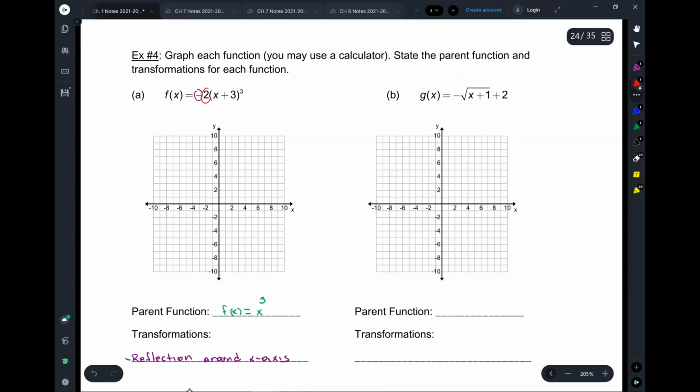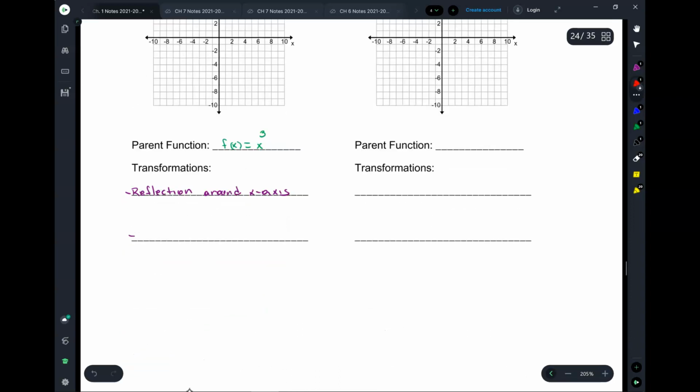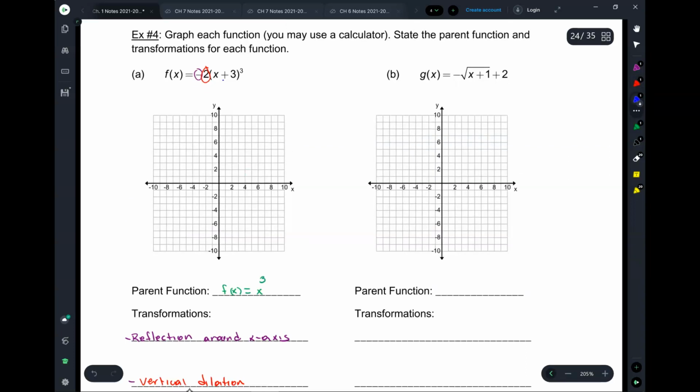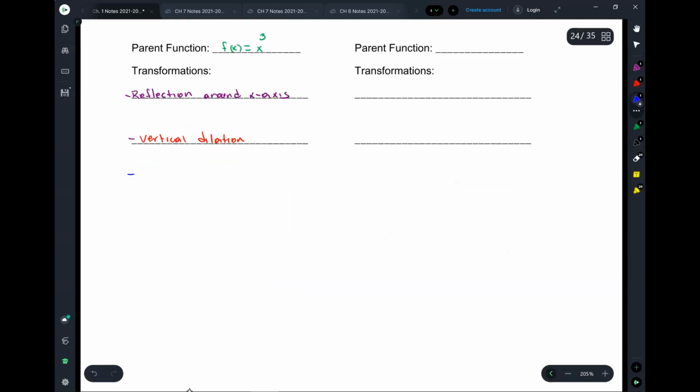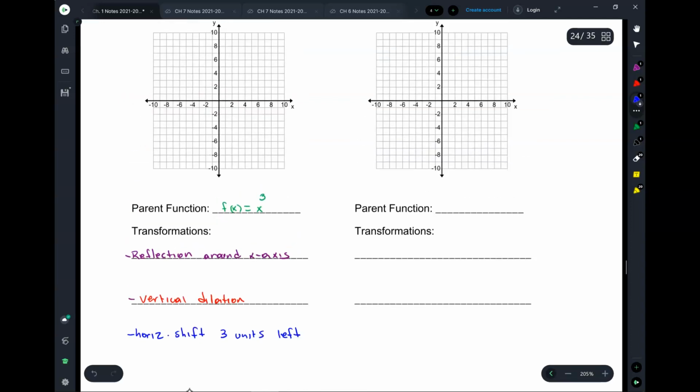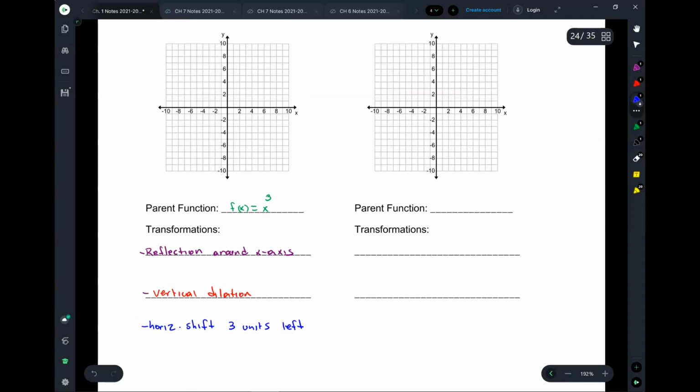The 2 is a vertical dilation. The plus 3 moves it to the left 3 units, so it's a horizontal shift. So we don't need to specify. You do 3 units to the left. For the vertical dilation, that's all you have to say is vertical dilation.